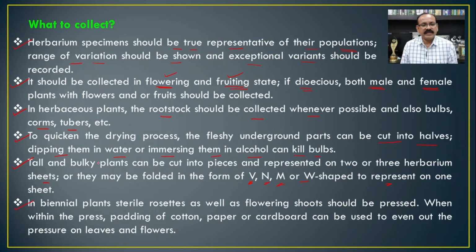Then in biennial plants, the sterile rosette as well as the flowering shoot should be pressed. And within the press, padding of cotton, paper or cardboard can be used to even out the pressure on leaves and flowers.